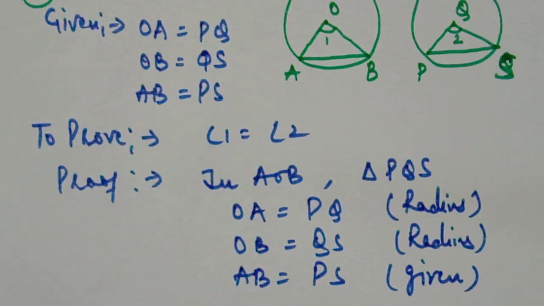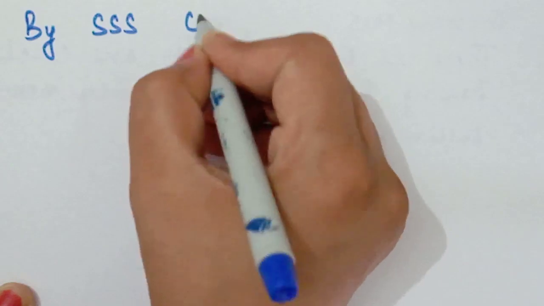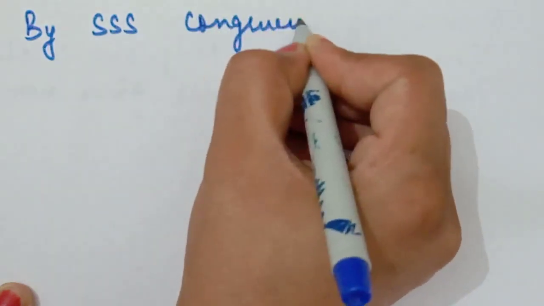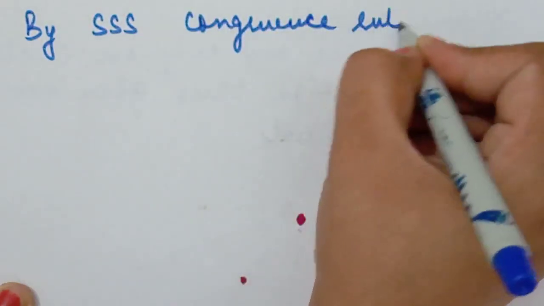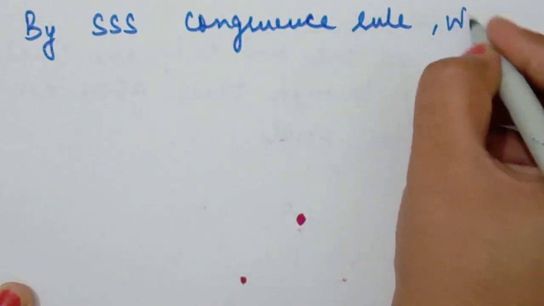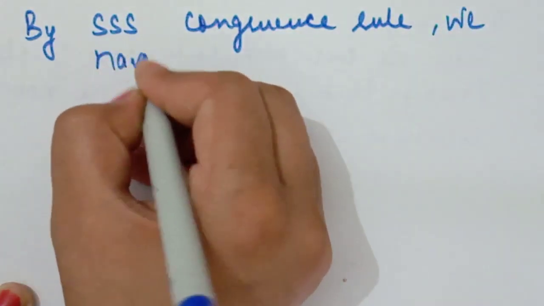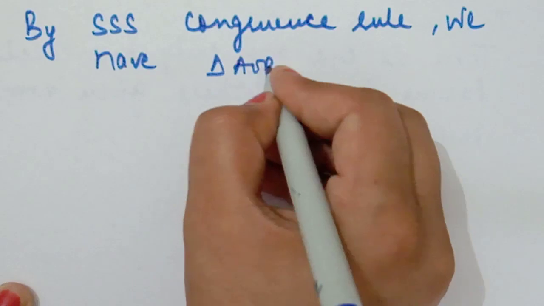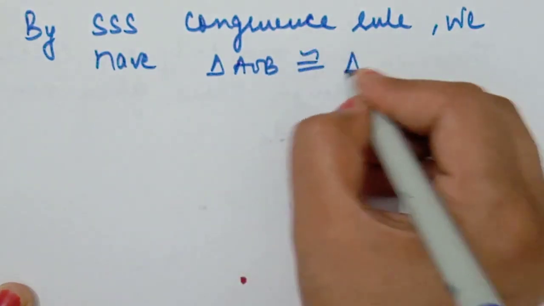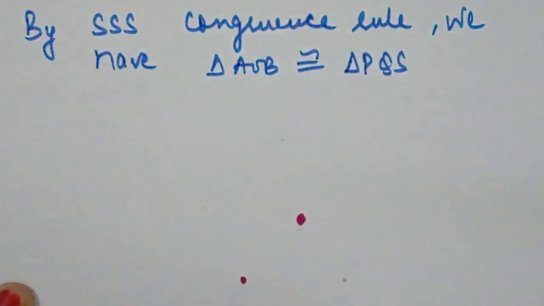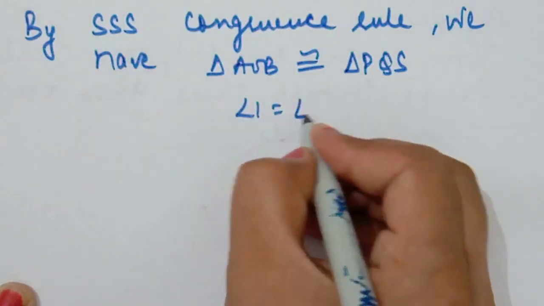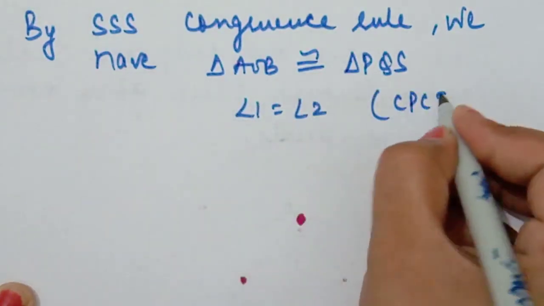So students, by SSS congruence rule, both triangles are congruent. By SSS congruence rule, we have triangle AOB congruent to triangle PQS, and we can say that angle 1 is equal to angle 2 by CPCT.